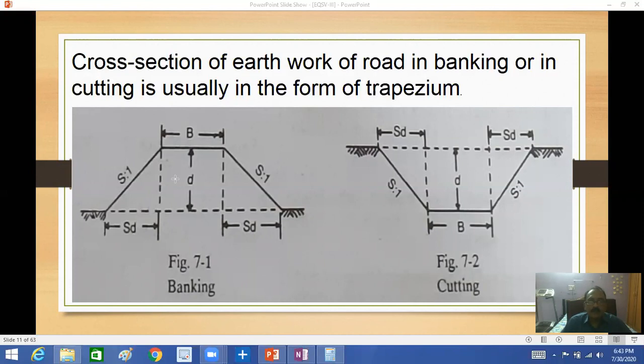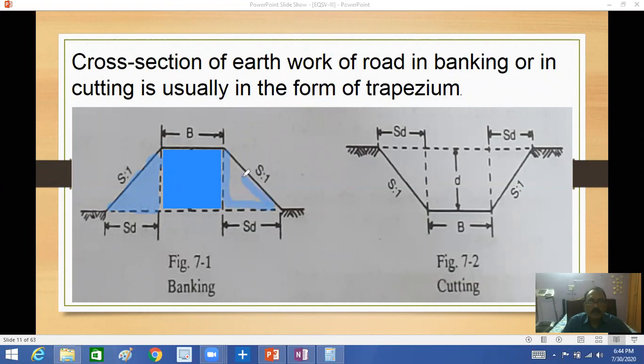This is the depth. Now the total area of this is this one, plus you will have this triangle area, plus this triangle area.